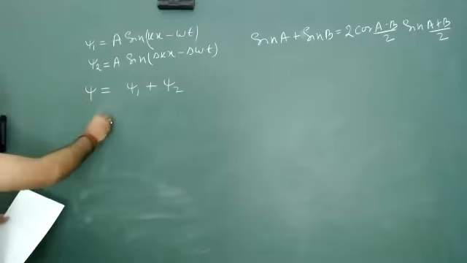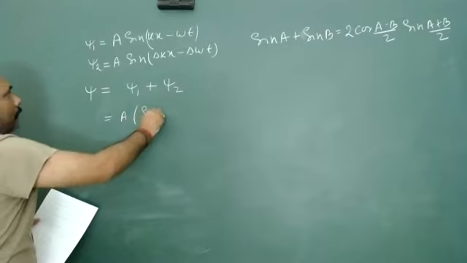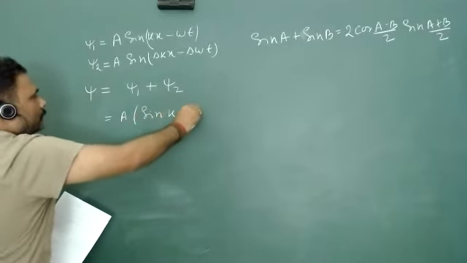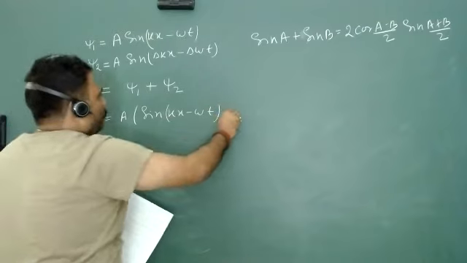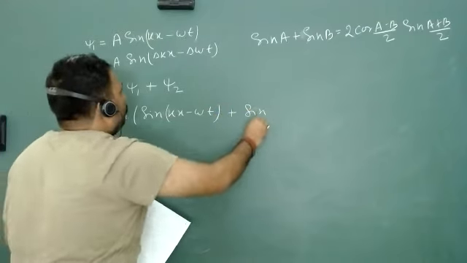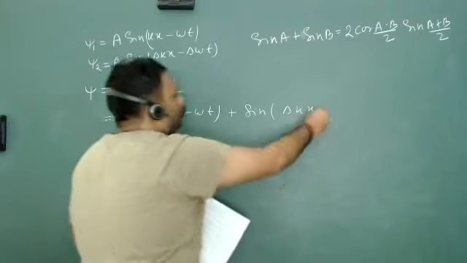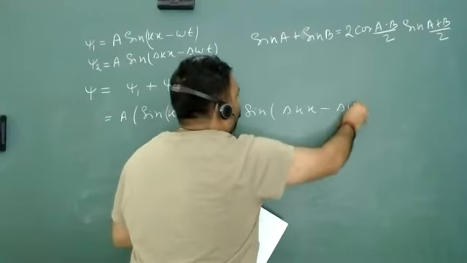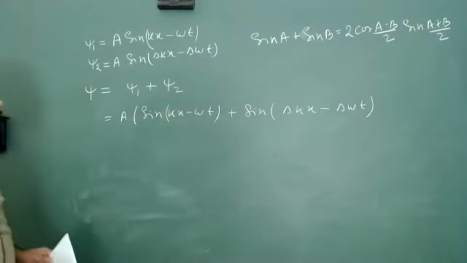You take A common, and then you can write sin(kx minus omega t) plus sin(delta kx minus delta omega t).